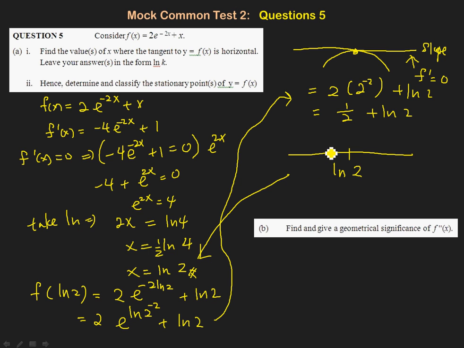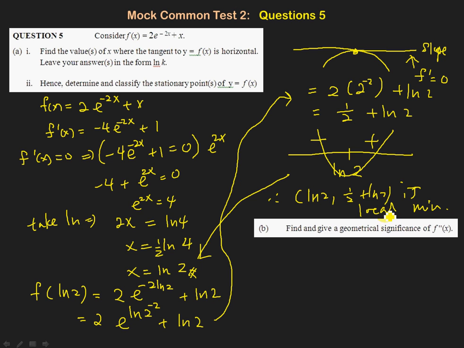Pick a value less than ln 2 and greater than ln 2, and substitute that into the f prime function. If you do it properly, you see a negative, then positive, and we know that the point is a local minimum. So the point (ln 2, half plus ln 2) is the local minimum. We have classified the point. Now moving on.